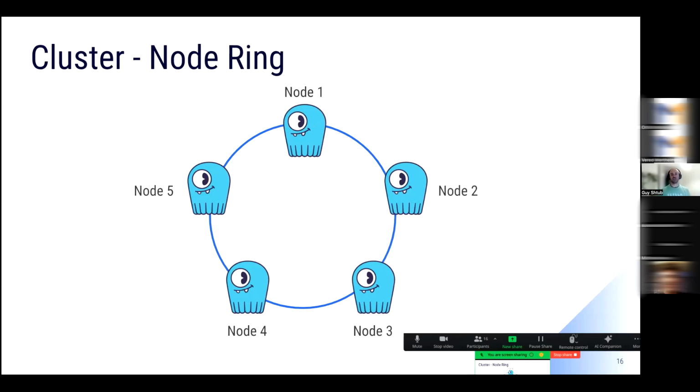But in production, the recommendation or best practice is to have at least 3 nodes. The number of nodes can go all the way to hundreds of nodes working together, and the exact number depends on your application, your data size, your performance requirements, the topology, data centers, and so on.